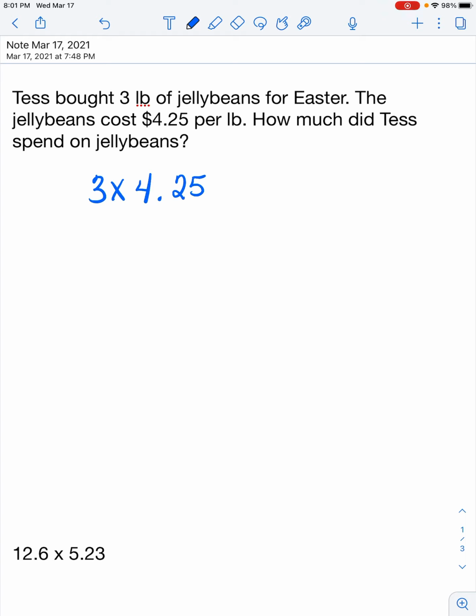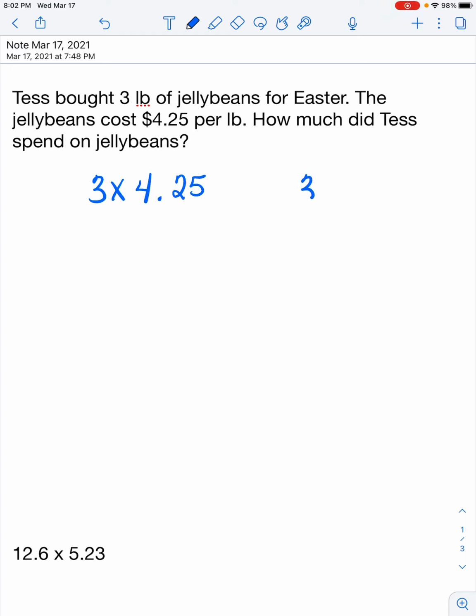And what I'm going to do is use common sense to help me multiply these decimals. I'm going to start off by estimating. I'm going to look at the decimal, 4.25, and say, you know what, 4.25 is really close to 4, or at least close enough to really help me with this problem.